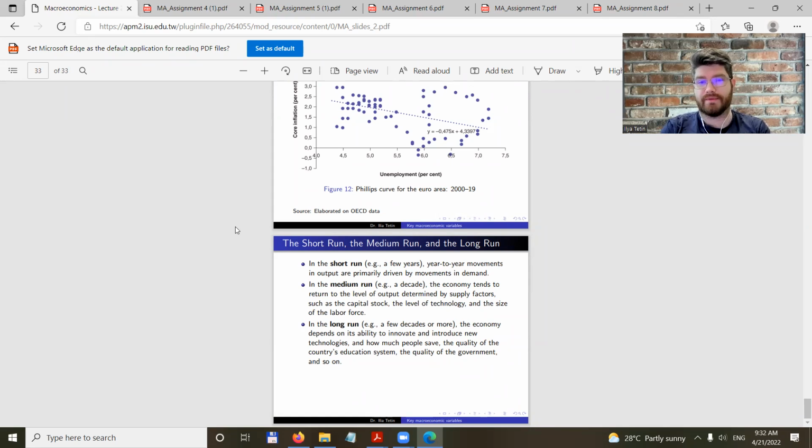Other variables are changing, but they change really small, and these small changes don't affect that much. But as time passes, these small changes accumulate, and then they allow something to happen with the economics and influence economic growth. So if you increase the supply in the medium run, it will be taken into account.